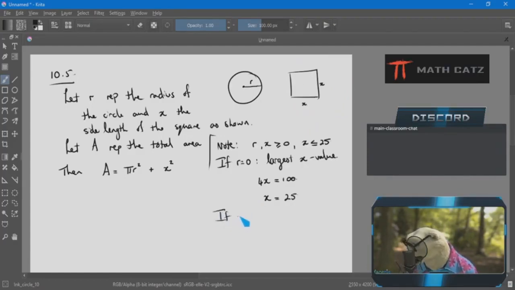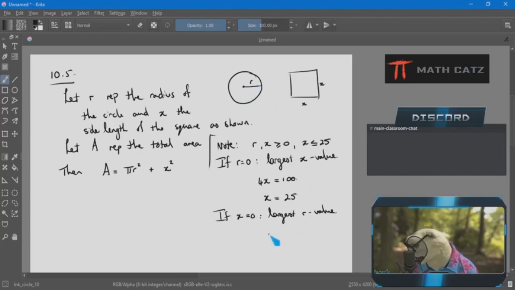Then on the other side, if I don't have a square and all the fencing is used for the circle, then I'm going to get the largest possible circle and the largest value of r. If I share the fencing between the two gardens, then I'll have a smaller radius value and a smaller x, of course, as well.